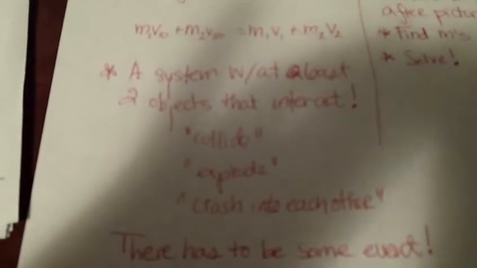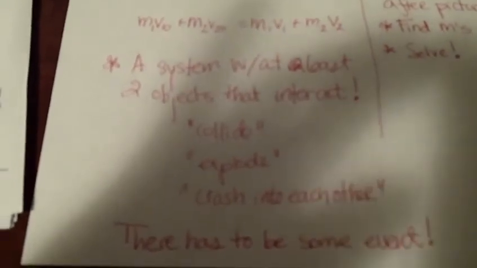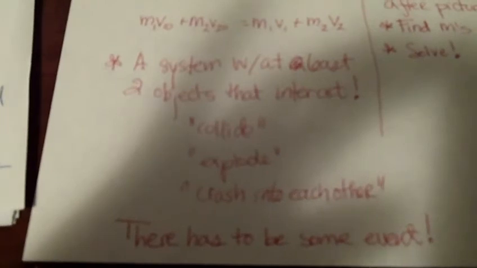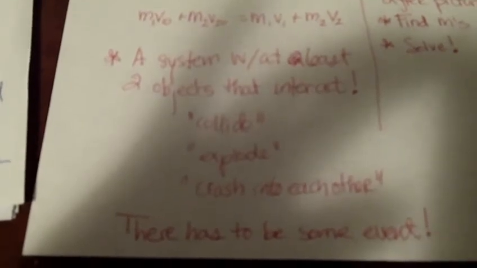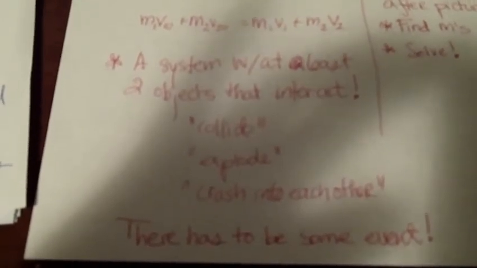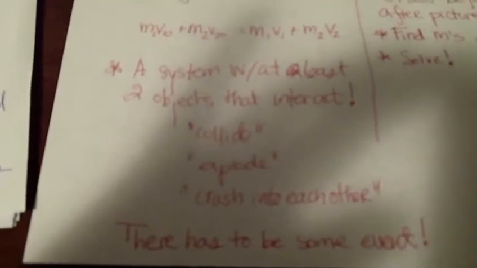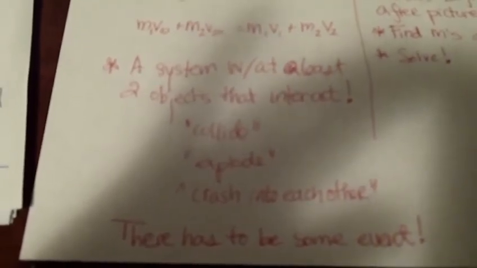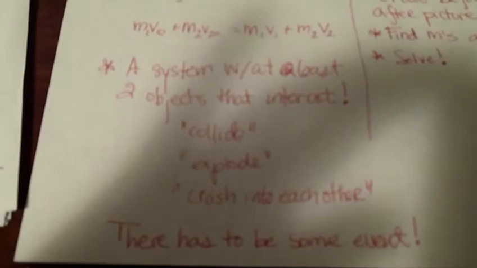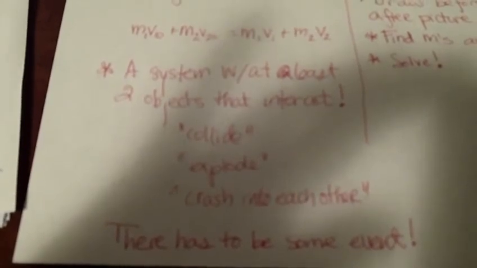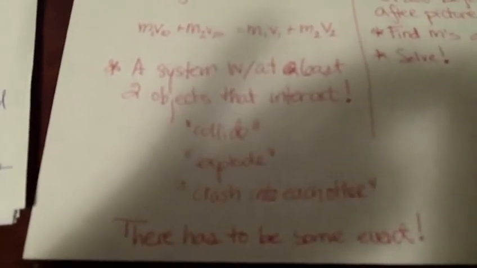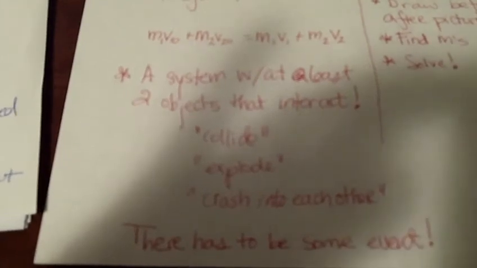In order for conservation of momentum to be useful, you need to have at least two objects. They need to interact, and some words that'll help you figure out that it could be useful are collide, explode, crash into each other. Some others are push off. There basically has to be some kind of event in which they interact.